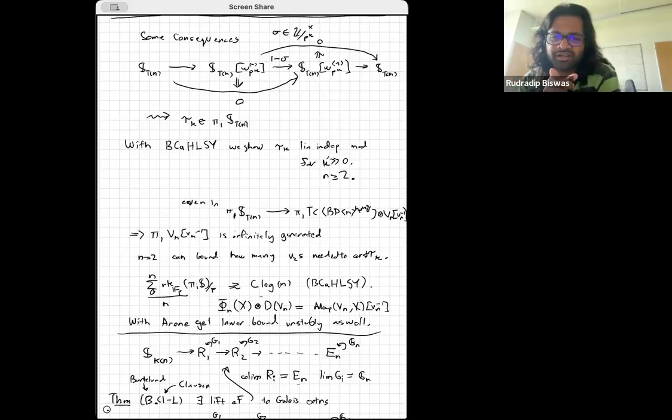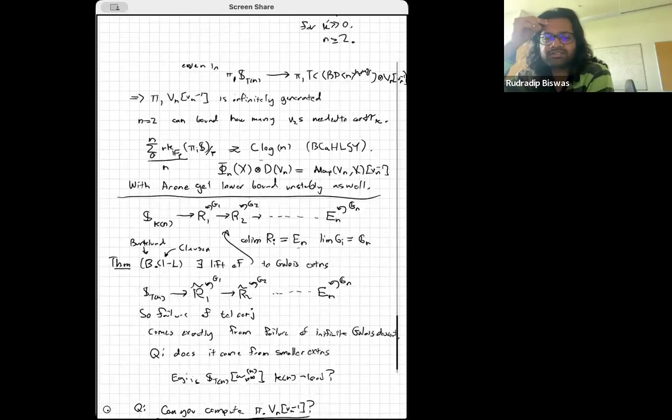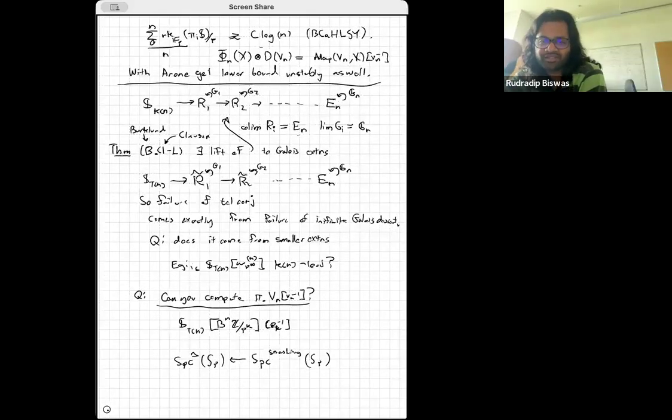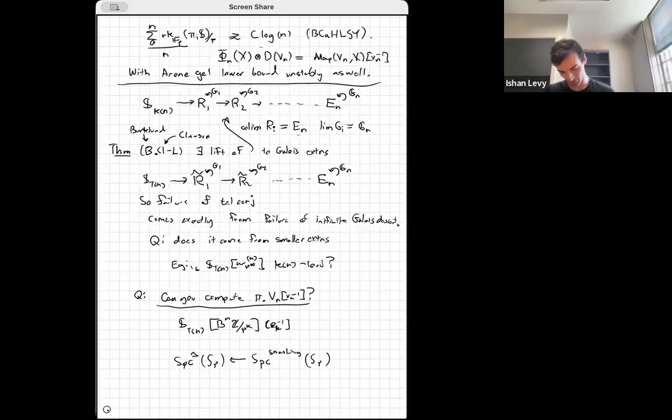Also, one small comment I wanted to make, which I thought about just then and checked now. Regarding that map from the smashing spectrum to the Balmer spectrum, I think it's to the Hochster dual of the Balmer spectrum, isn't it? You could be right.